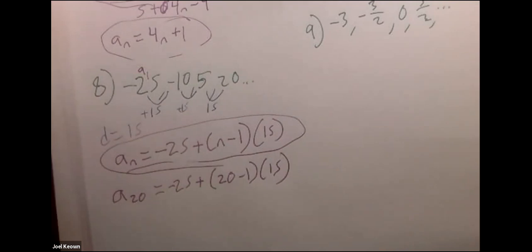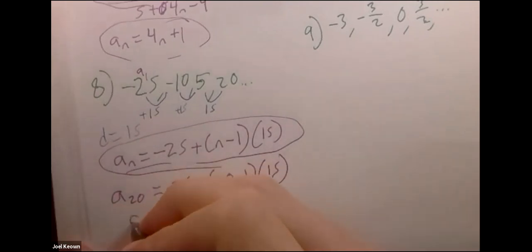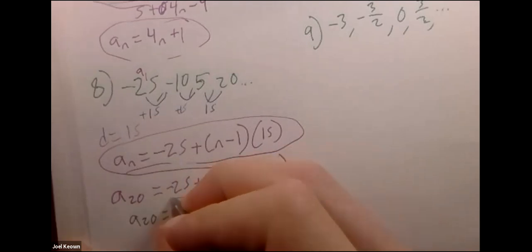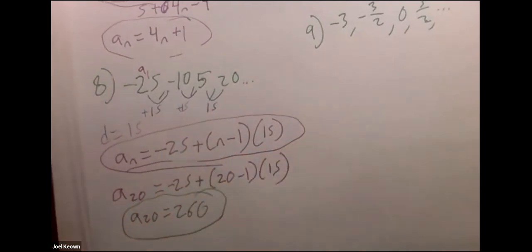I use the calculator as well. 20 minus 1, 15. All right, so I plugged it in and got the 20th term is 260.